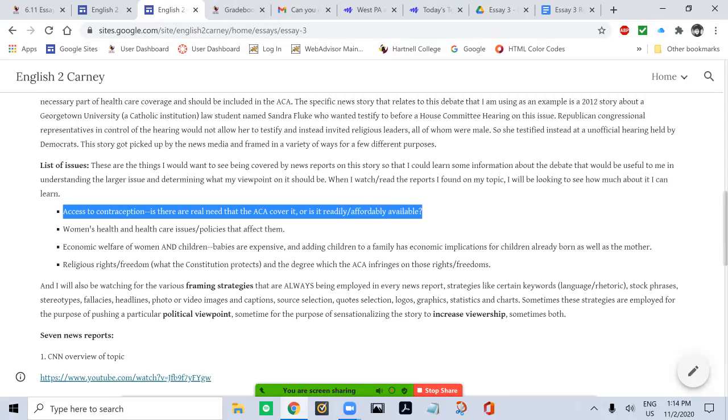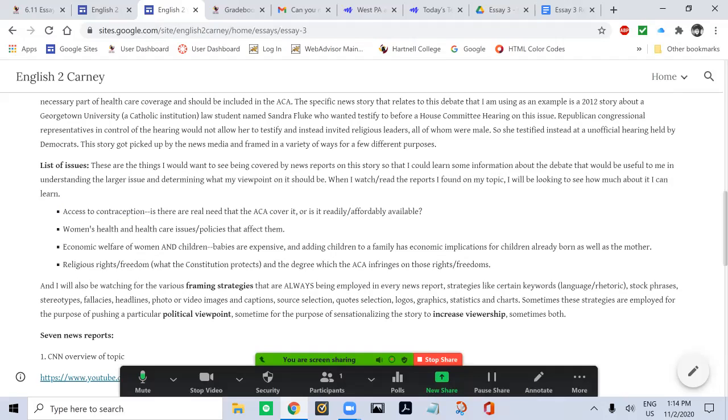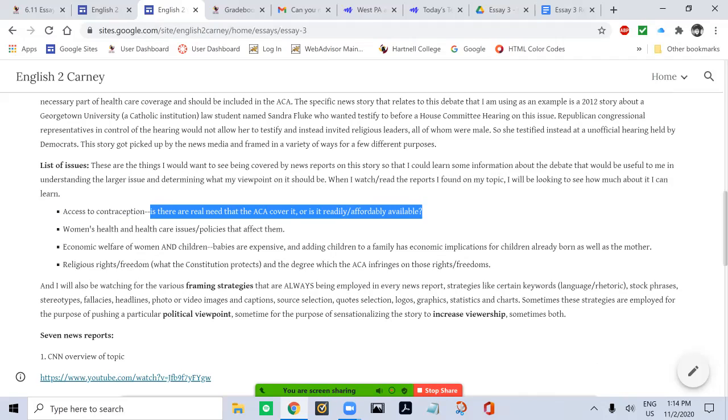If women can get it, and it's no skin off their teeth to get it, then you don't have to impose on someone. Nobody has to give anything up of their rights in order to accommodate the needs of others. All right, so that's a question that I would hope that reports on this story would inform me about. I need to know that.